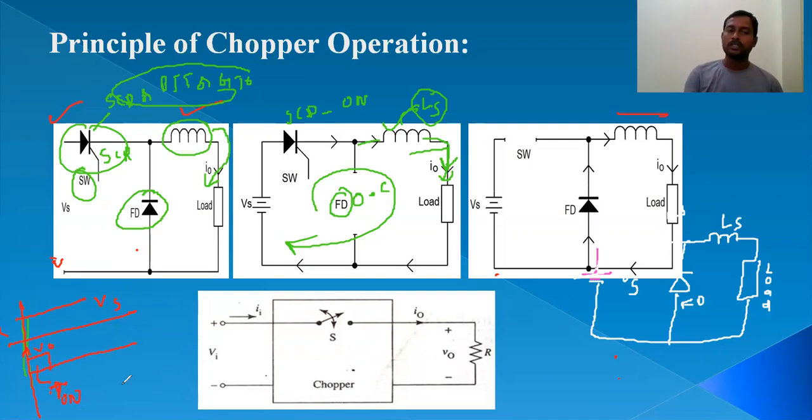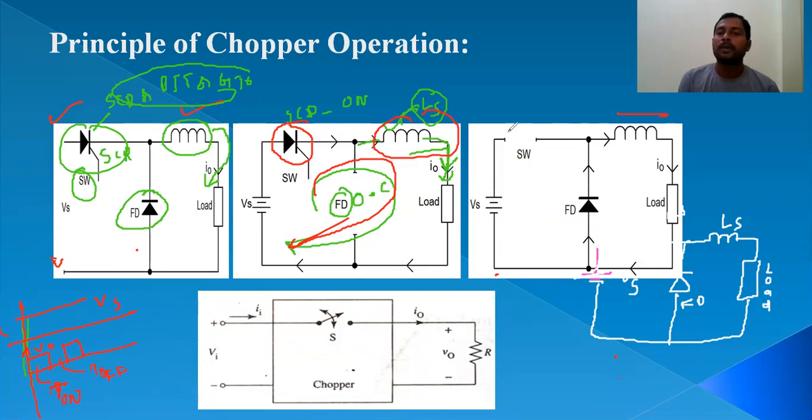During this period, the thyristor will be turned on, nothing but this switch will be turned on, and during this period the current will be circulated and energy will be stored in the inductor, and after a certain duration the thyristor will be off.